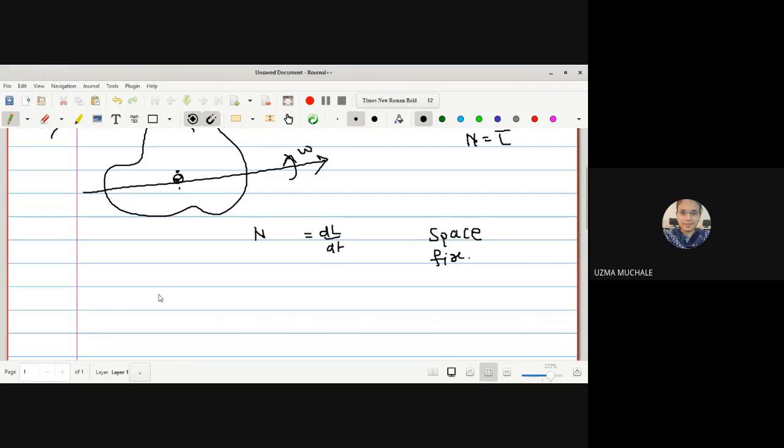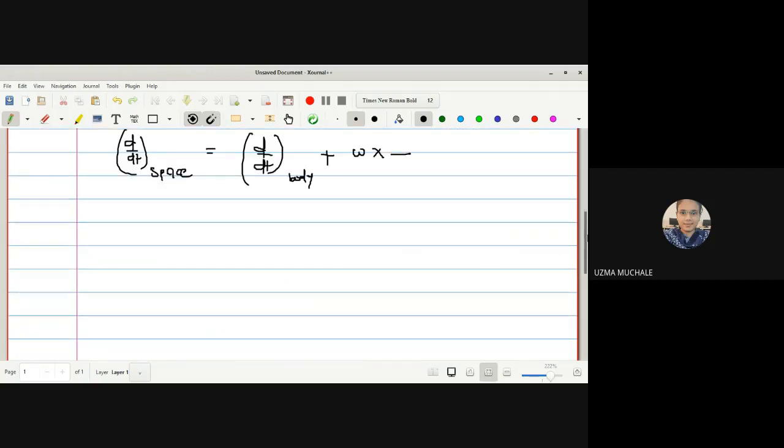Now, we have proved in the last lecture that d by dt in the space set of axes is equal to d by dt in the body set of axes plus omega cross the same quantity. We proved this by considering r.